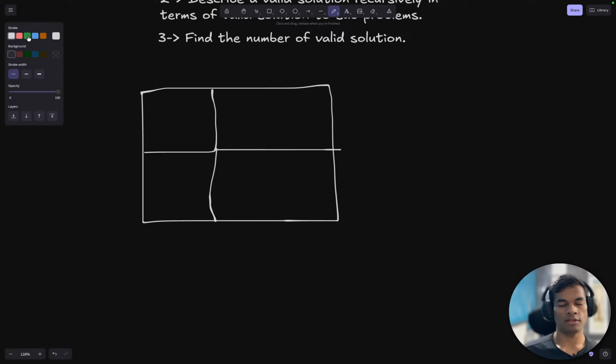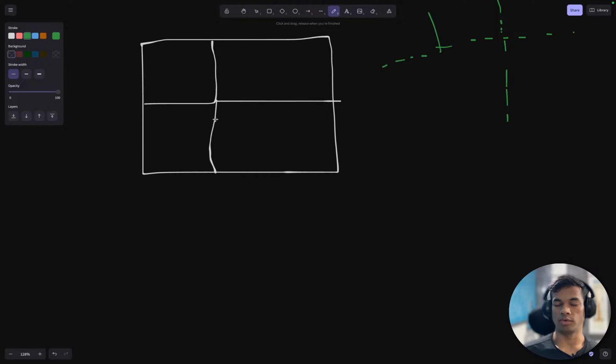Okay, now I'm thinking in terms of where can I put these lines? Because that is literally the only thing that is changing. And are these things independent?